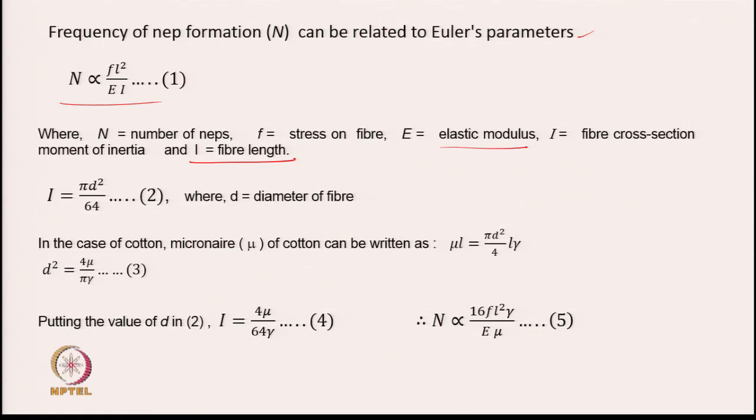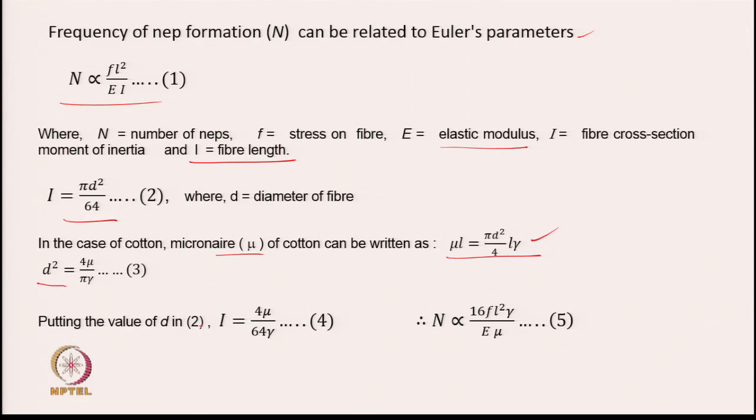What is I? Considering a fiber to be a cylinder, I can be written as pi d squared by 64, where d is the fiber diameter. In case of cotton, if the micronaire value is mu, we can write mu L equal to weight of fibers. We can relate it to the volume and density of the fibers by these equations, and from here we can find out the value of d squared.